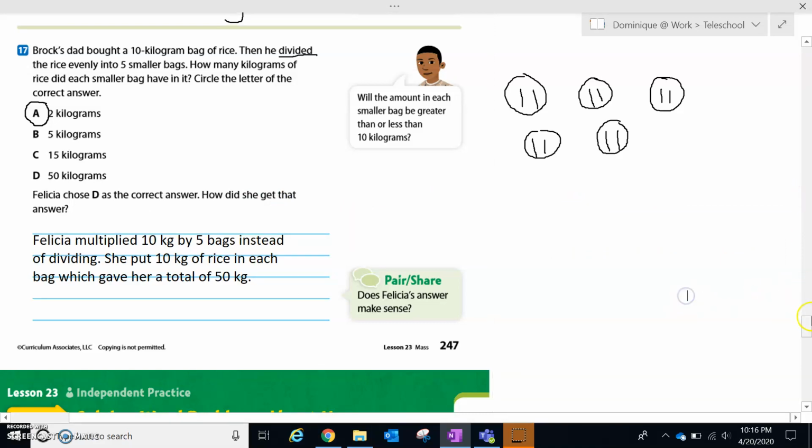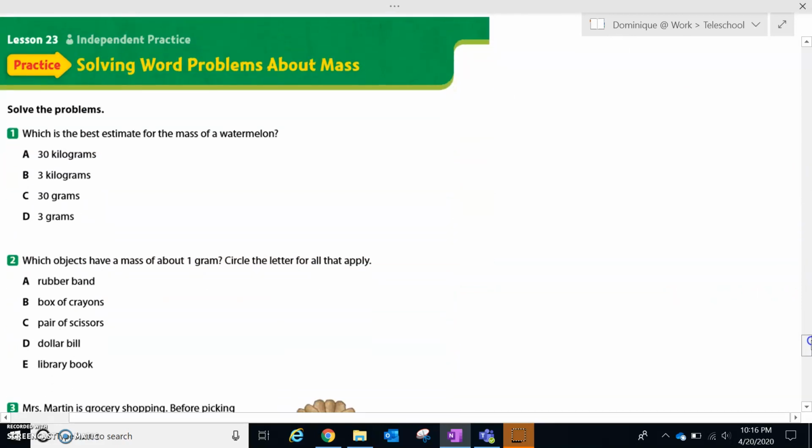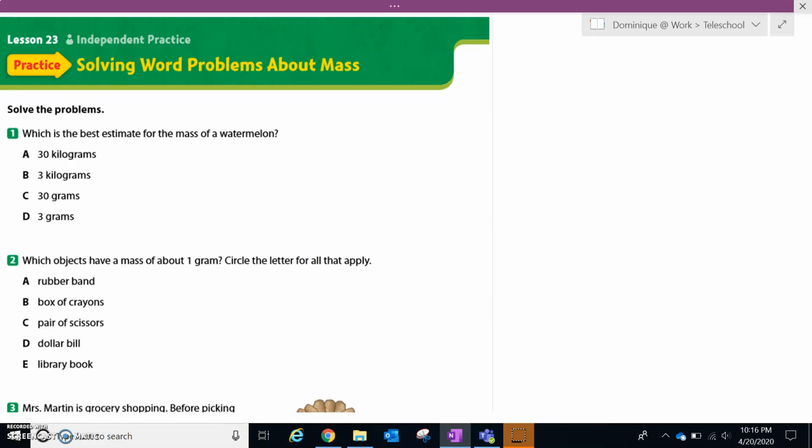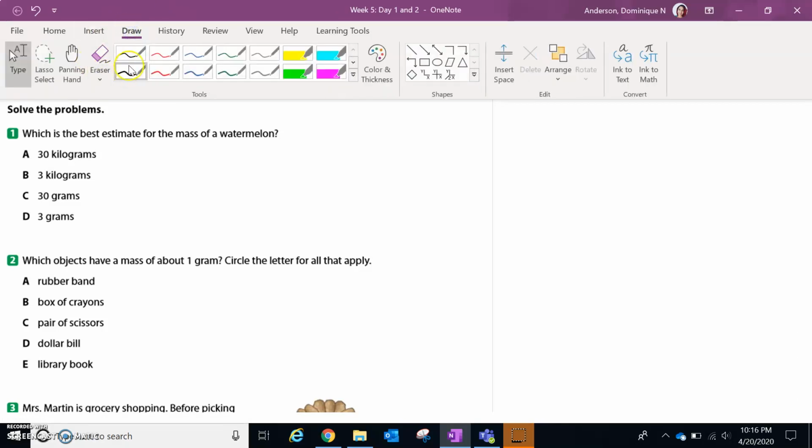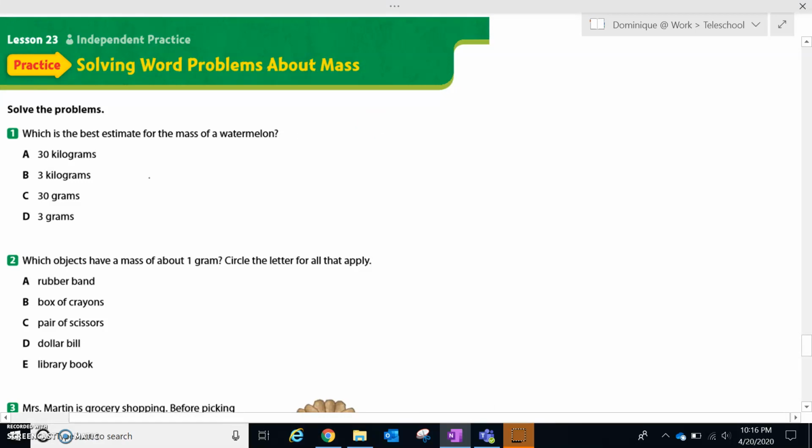All right. Next question. We're almost done, guys. It says, which is the best estimate for the mass of a watermelon? So remember that a paperclip equals 1 gram, and a hardcover book equals 1 kilogram.